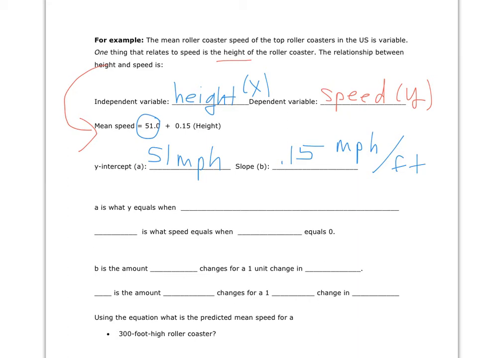Okay, so if we go now down to looking at A, it is what y equals when x is equal to 0, where the line crosses the y-axis.